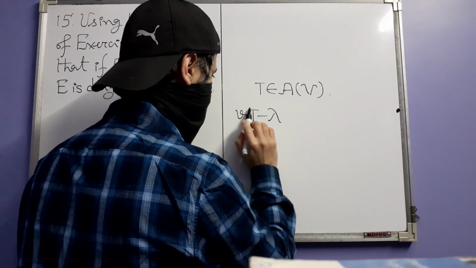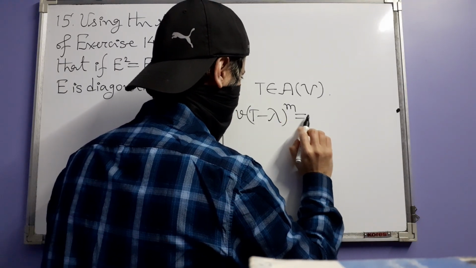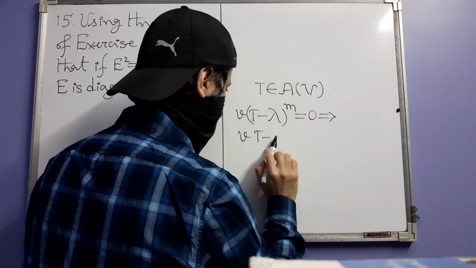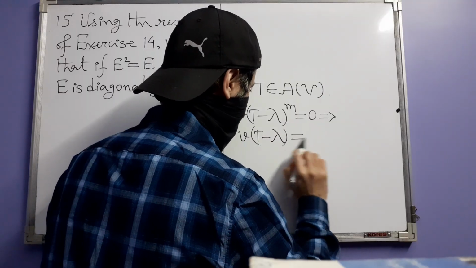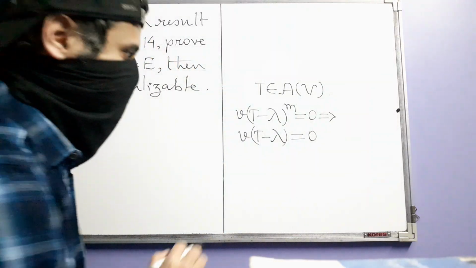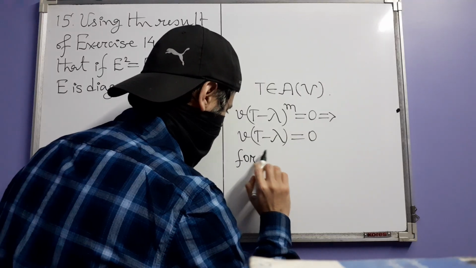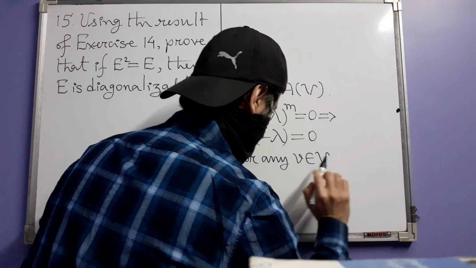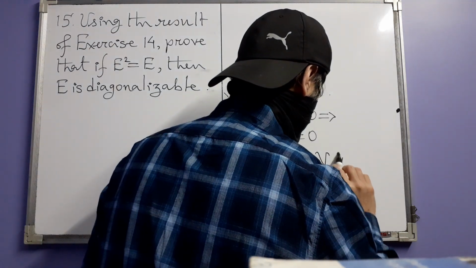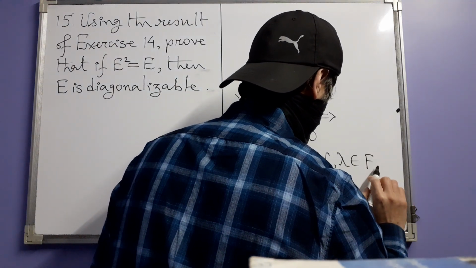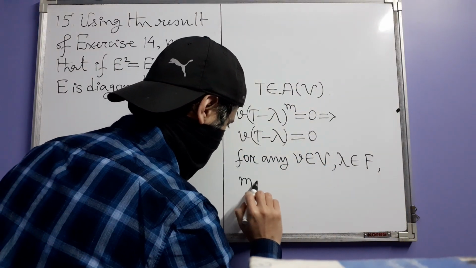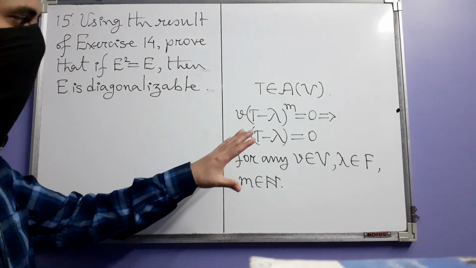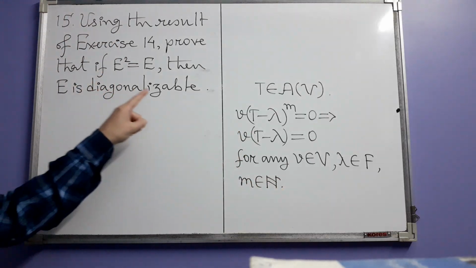If (T minus lambda)^n applied to v is equal to 0, then (T minus lambda) applied to v is also equal to 0, for any v in the vector space, any scalar lambda in F, and any positive integer n. So we have to use this to prove that our E is diagonalizable.